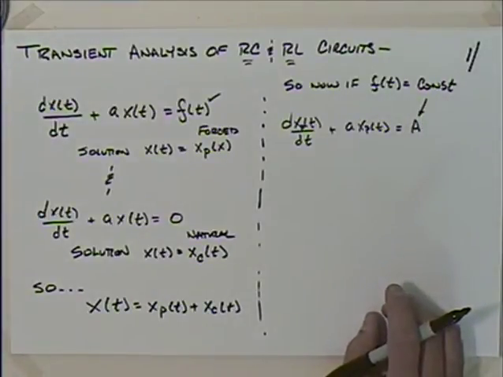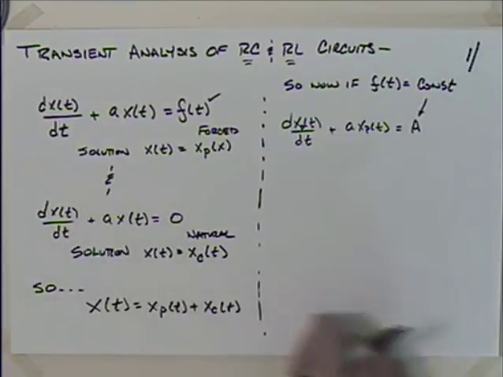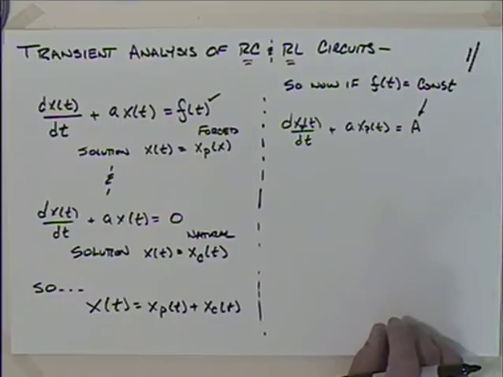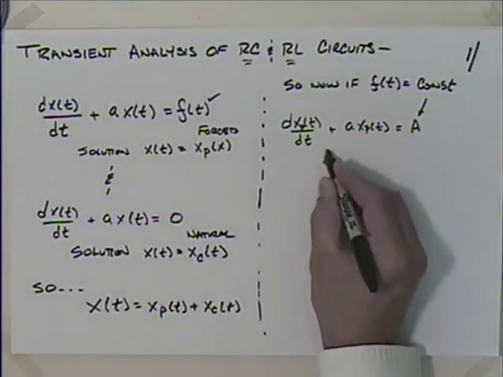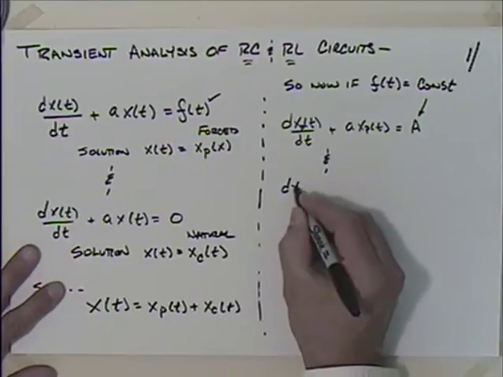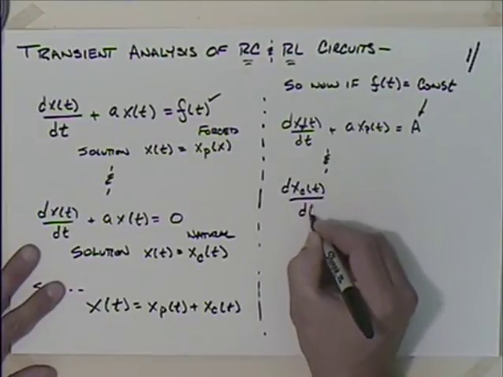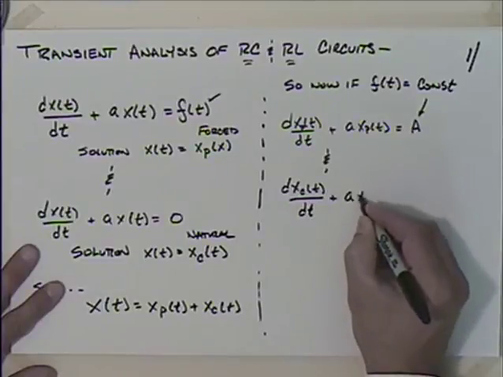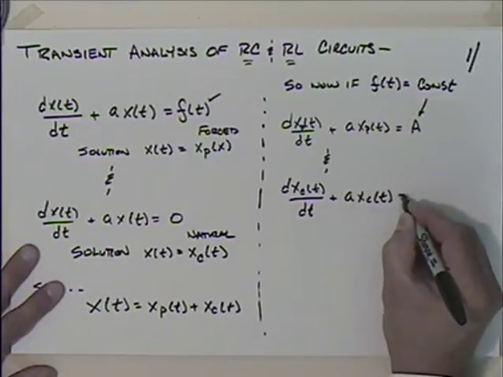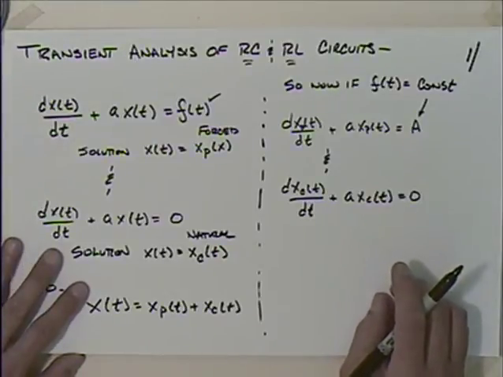And double check that. Double check a couple things here for sure, not propagating a mistake through this. No, I think we're good. And then the other equation, we'll always have this pair of equations here, dx sub c, the complementary solution, dt plus a x sub c of t is equal to 0. So we've got those two.